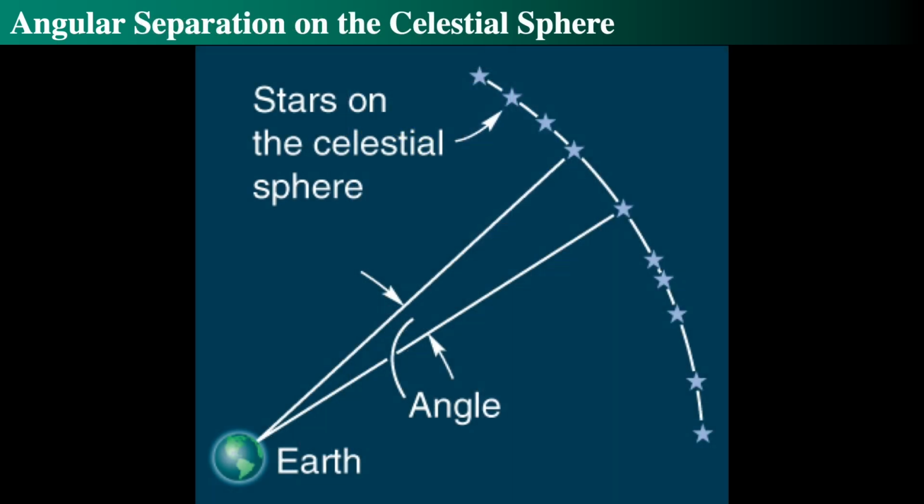Next, we can pretend, and this is a really big pretend, that all the stars are on this dome that we're going to call the celestial sphere. And that is a very interesting thing to say, because now we're making up a celestial sphere around which the stars appear to be fixed.